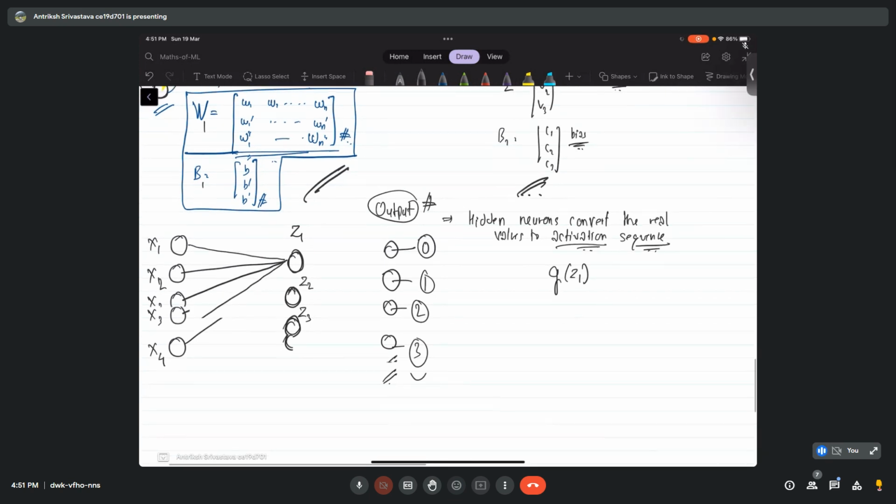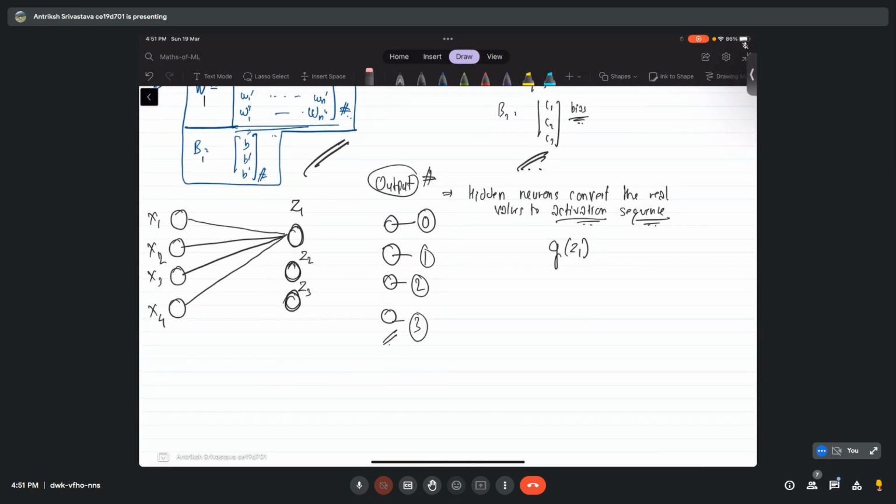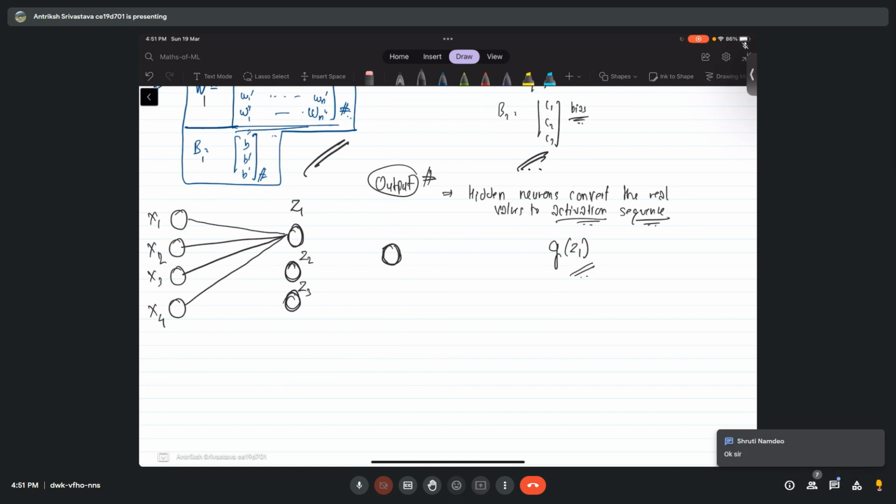Okay. Now let's extend this question to understand one more thing that is actually related to the activation function. So what if I want to predict some real numbers from this output? I don't want to predict just 0 and 1. I want to predict also 0.1, 0.2, 0.3, and then 1.2 until infinity if I want to.